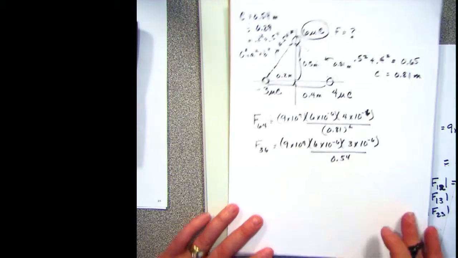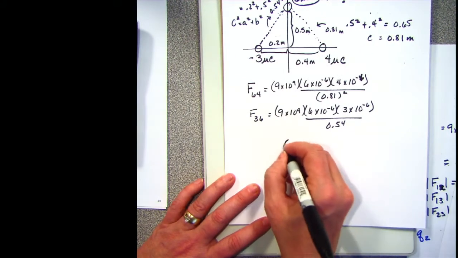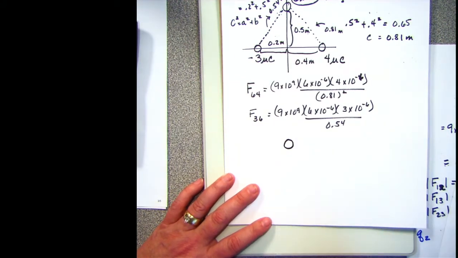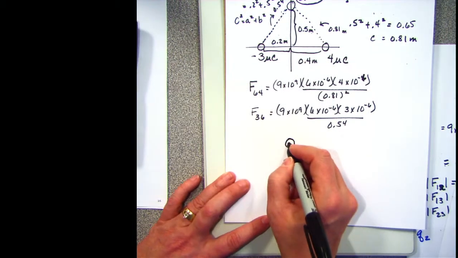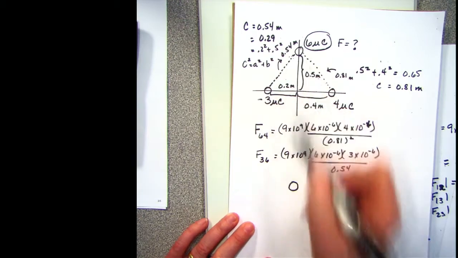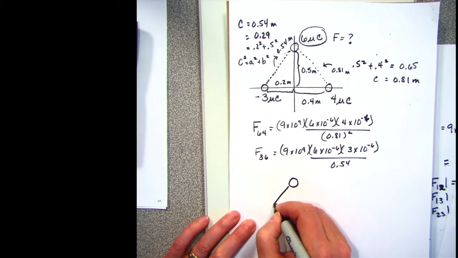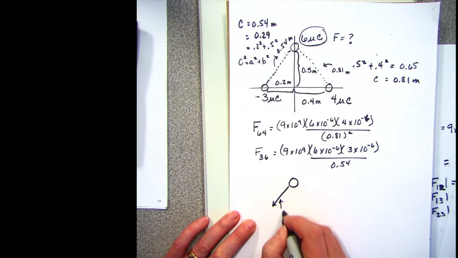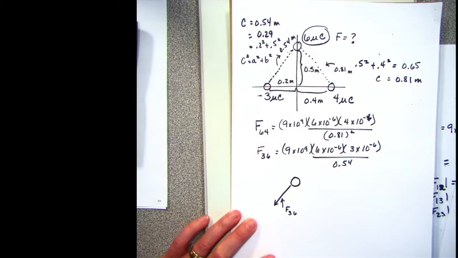But let's look what happens here. So if I have, and I'm going to look at it from this perspective. So here's my charge. In this case, this force wants to go here. So that's the force due to 3, 6. That's negative, that's positive.